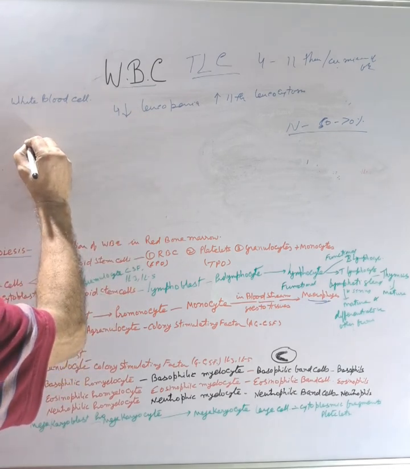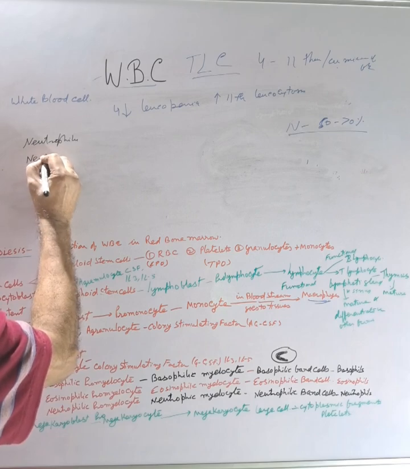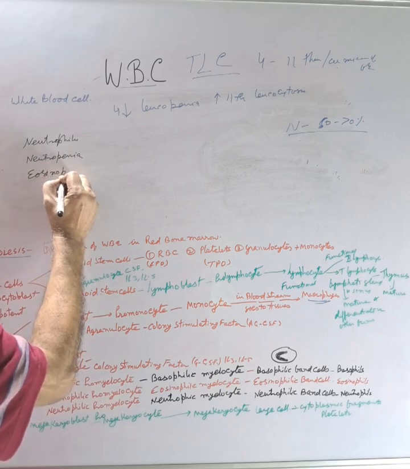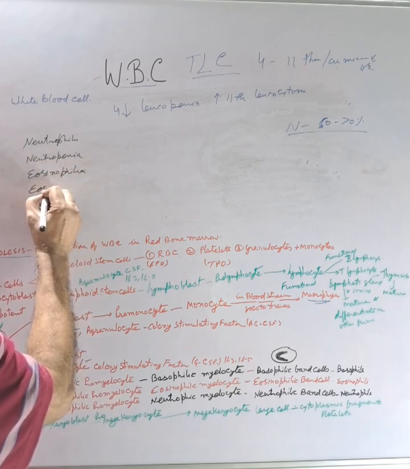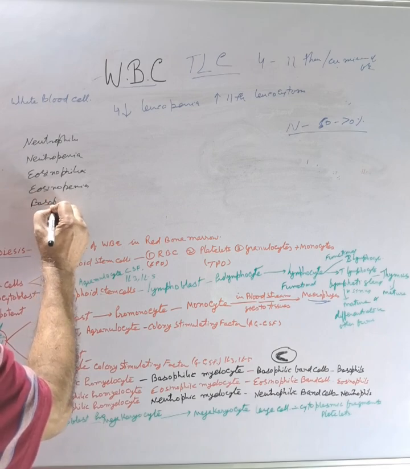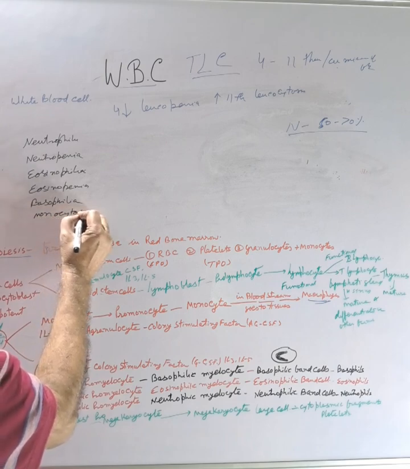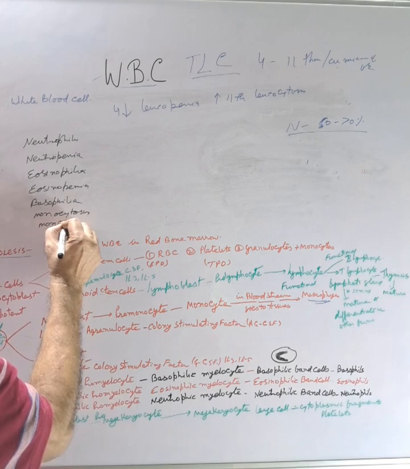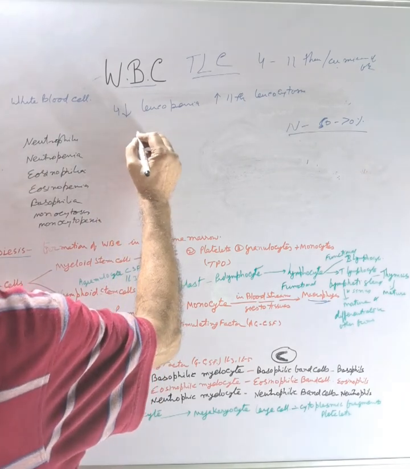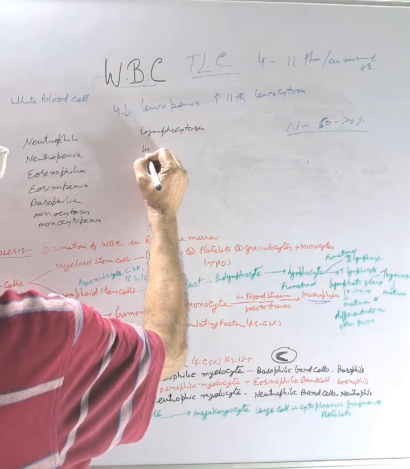And then neutrophilia, neutropenia, eosinophilia, basophilia, monocytosis, monocytopenia, and here on this side, lymphocytosis or lymphopenia.